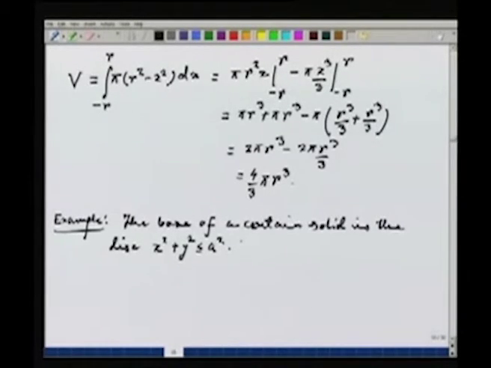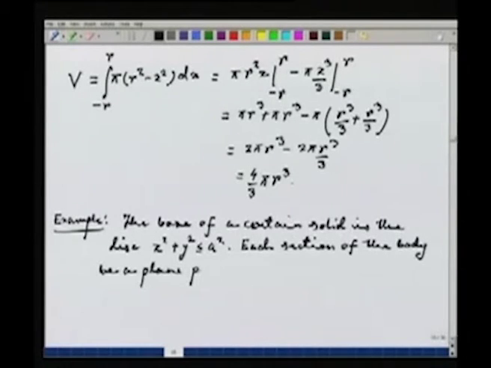Suppose I also tell you that each section of the body by a plane perpendicular to the y-axis is an isosceles right triangle.